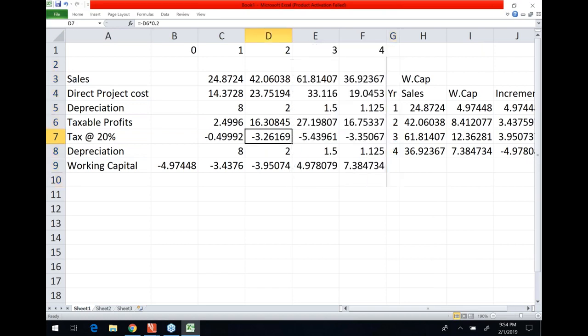Okay, so once we have working capital, then there is this investment. The investment is going to be 38, and at the end there is going to be a residual value of 4.